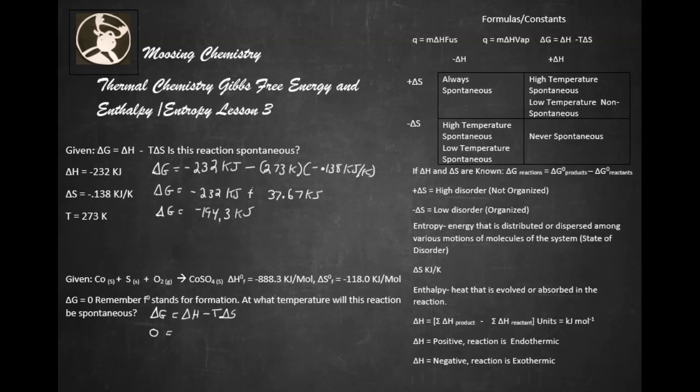Delta H is negative 888.3 kilojoules per mole, minus negative 118.0 kilojoules per mole.